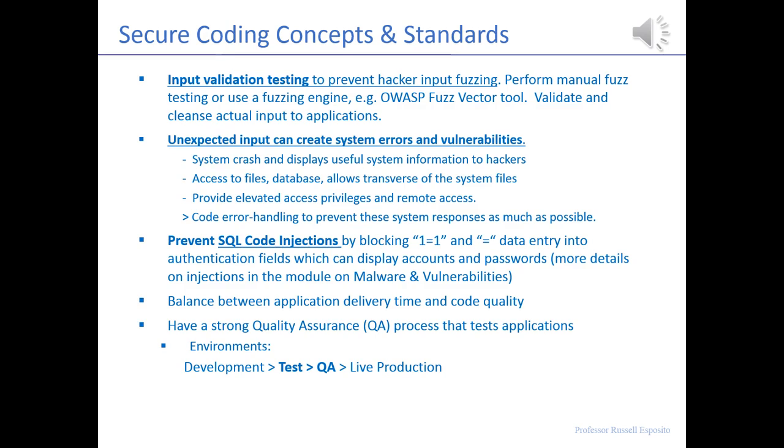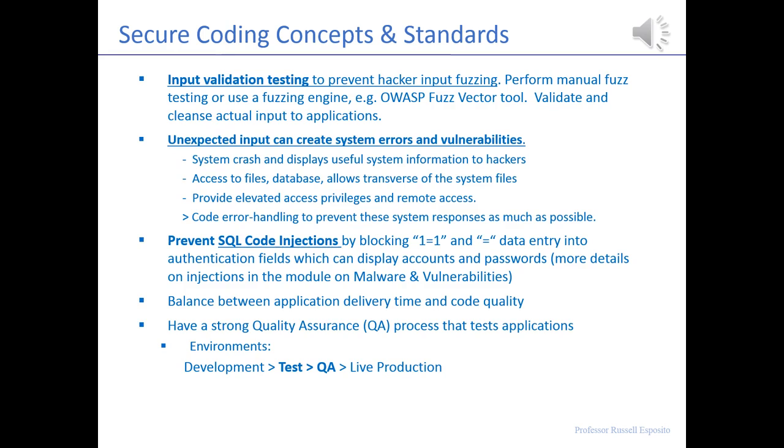So you don't want your system to crash because somebody fuzzed, put a lot of junk or code into your input fields. It could provide elevated access. You can potentially have a hacker get in and move around the system because the access is now being bypassed somehow because of the crash of the system. And the other thing is, you have to do code for error handling.